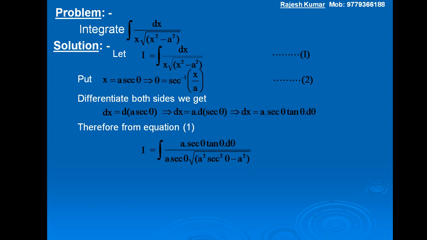Now within integration, secant theta cancel each other, and also a in the numerator cancel with a in the denominator. So therefore we get capital I is equal to integration of tan theta upon square root of a square.